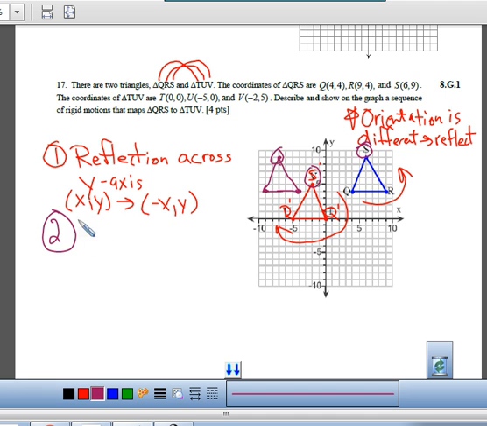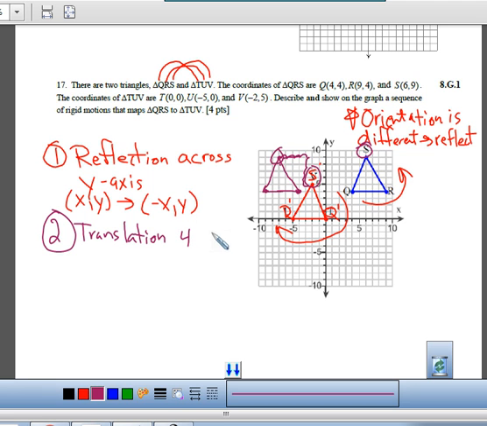Okay, so I need a translation, and the translation or the slide is going to go 1, 2, 3, 4 spaces to the right, and 1, 2, 3, 4 spaces down.